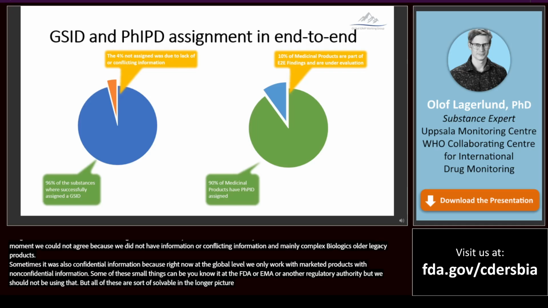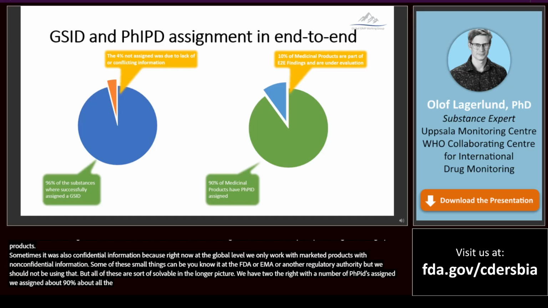To the right, we have the number of PhPIDs we assigned, and we assigned about 90% of all the products we got in. Out of those 10%, about half is dependent on the substances that we didn't assign PhPIDs for.